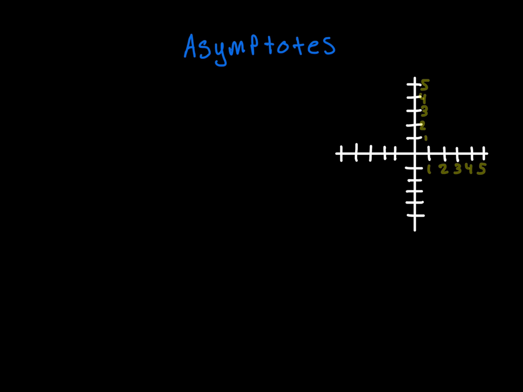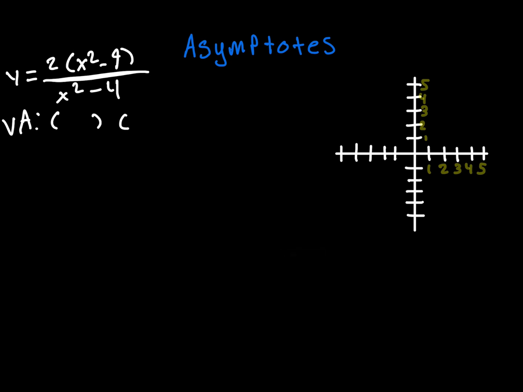Let's try something even more challenging. How about y equals 2 times x squared minus 9 over x squared minus 4. For a vertical asymptote, since we're only focusing on the denominator, we could factor by using difference of two squares. This would look like x minus 2, x plus 2 equals 0.